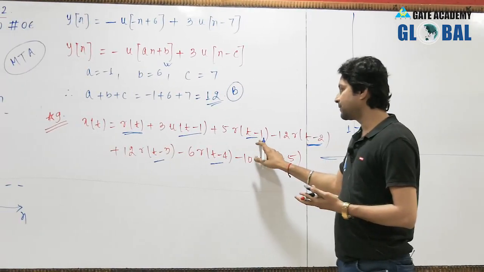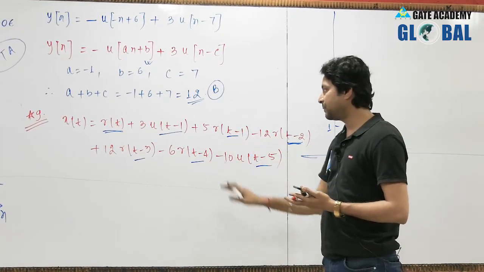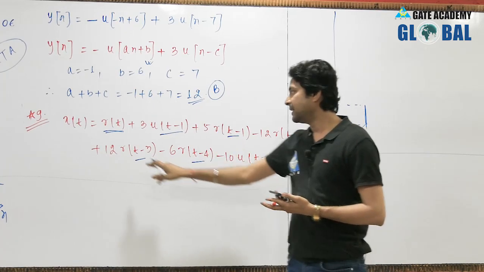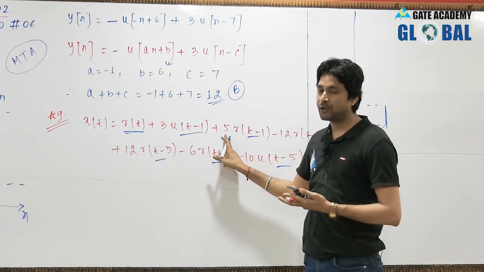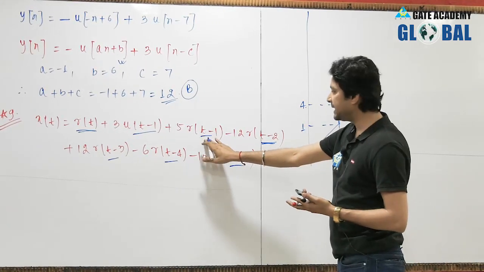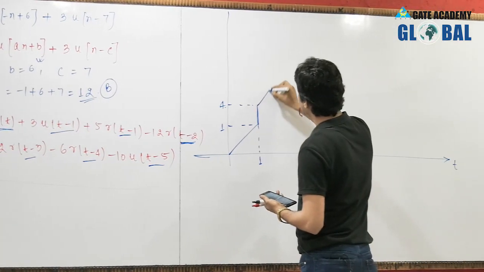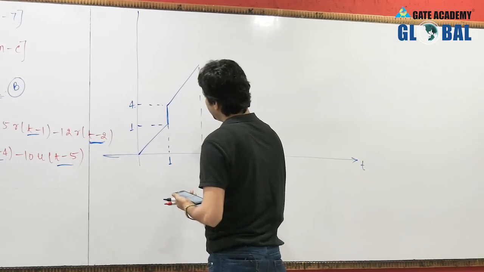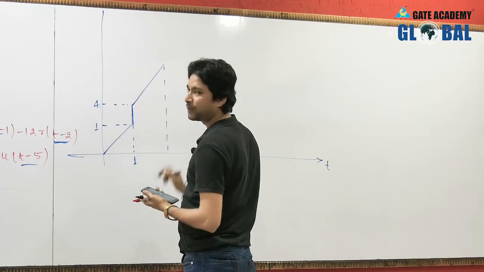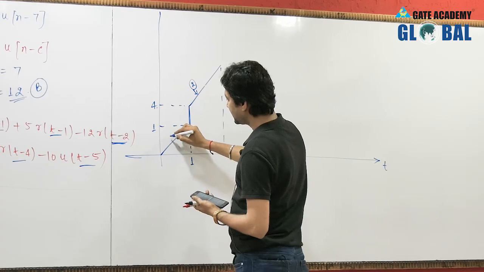Now at t equals 1 only, a ramp is also occurring having slope 5. So the net slope after this ramp will be plus 1 and plus 5, the net slope will be plus 6, and this plus 6 will be moving from t equals 1 to t equals 2.